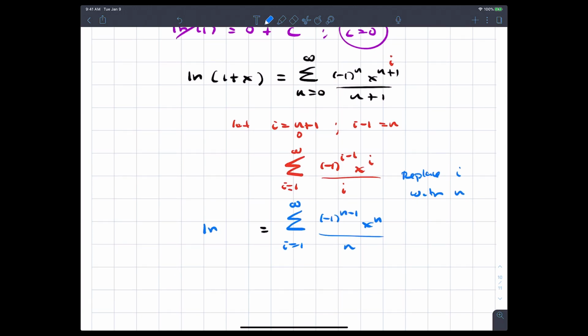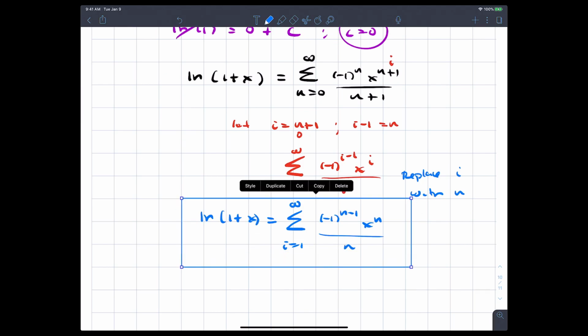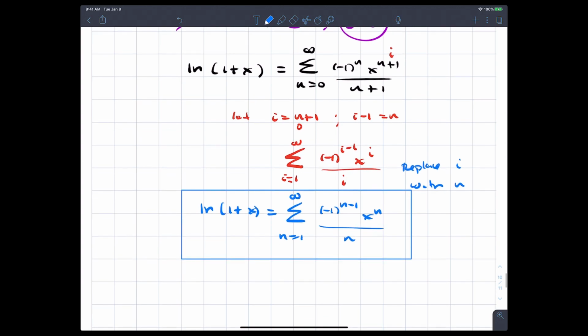So you can see this version as well, and that's a little different. I did natural log of 1 plus x. All they did was change the indices back to what it should be.